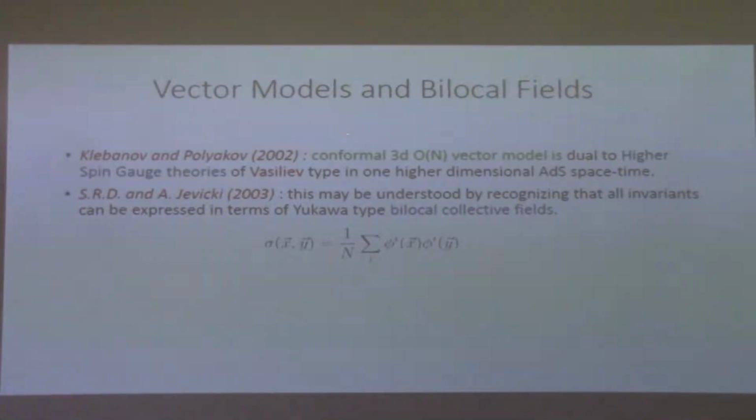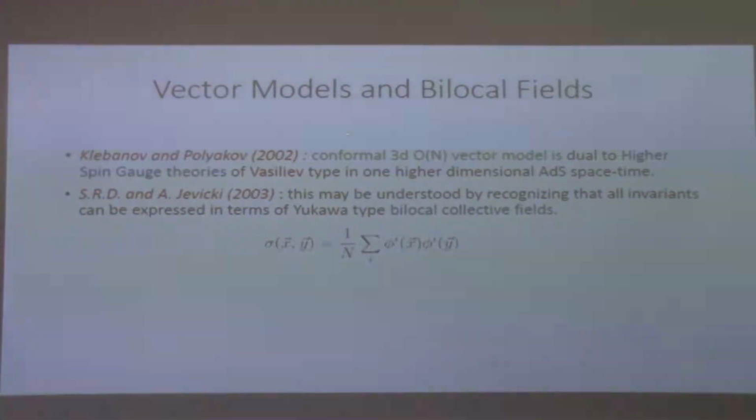So soon afterwards, Antal and I made a suggestion which, as you will see, doesn't work in the way we posed it, but let me mention the idea anyway, because that's the core idea.